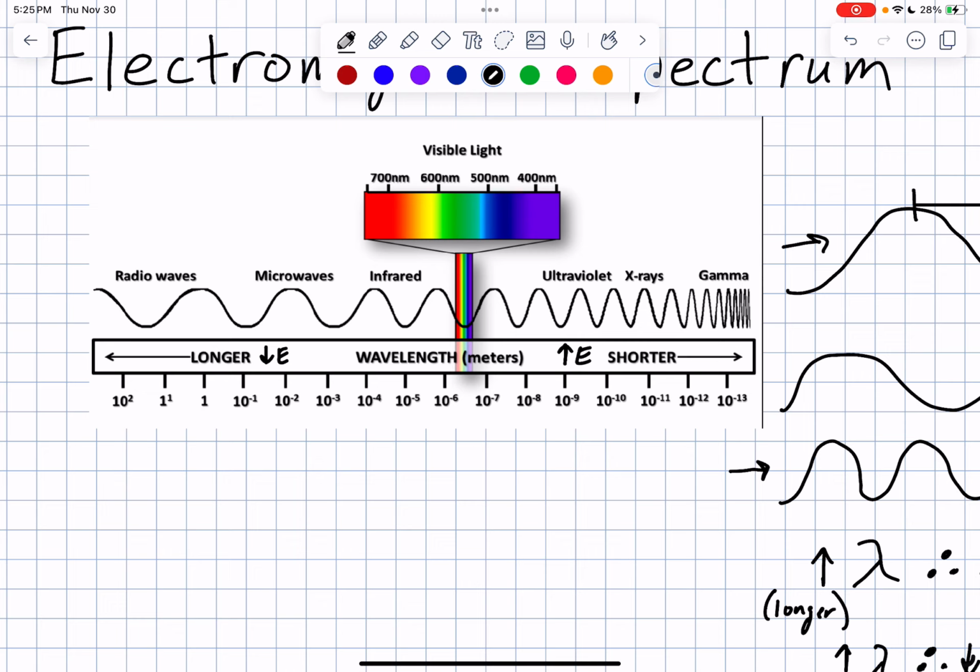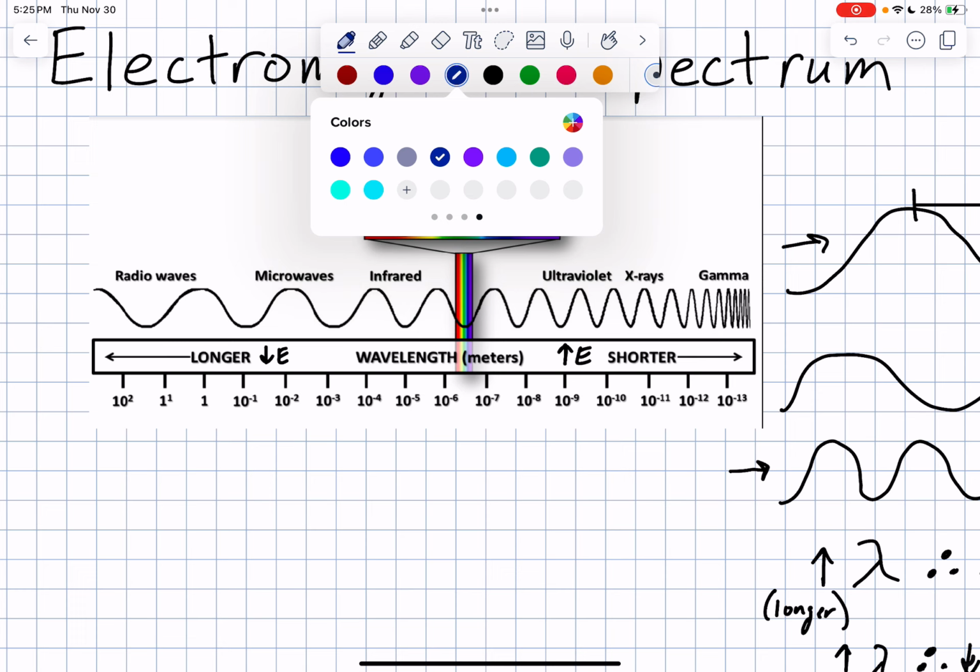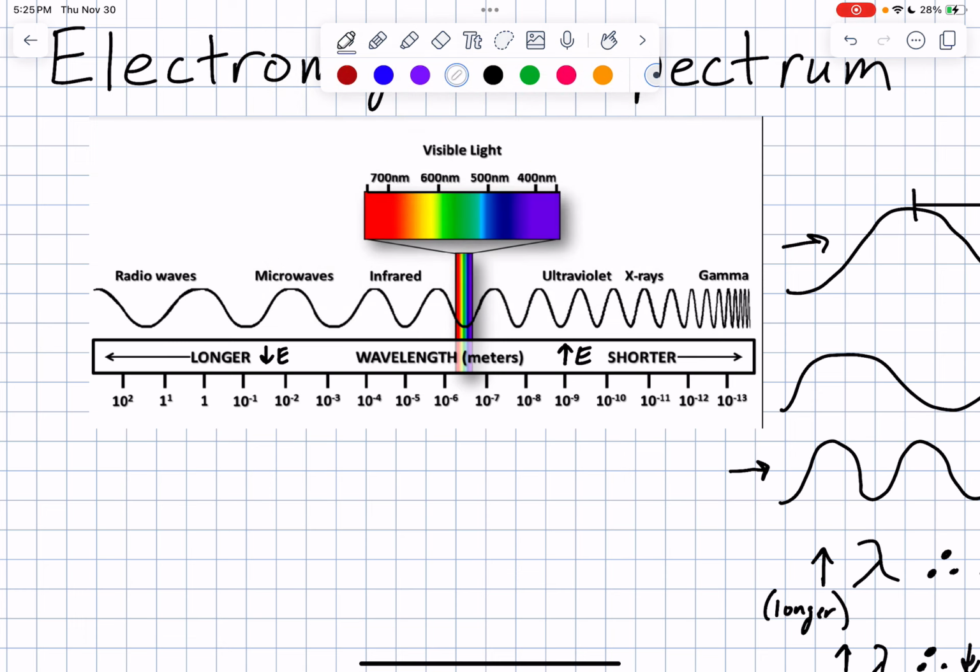You should notice that on the longer wavelength end, or the lower energy end, is our red. I'm just going to get rid of this because I want to use that space. Okay, so over on the lower end, less energy, is red.